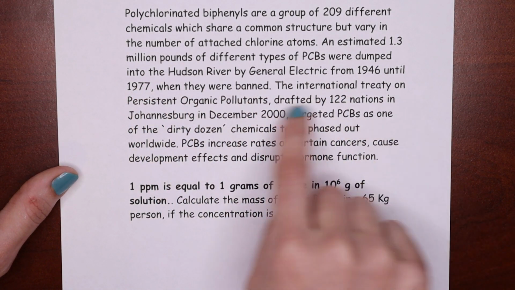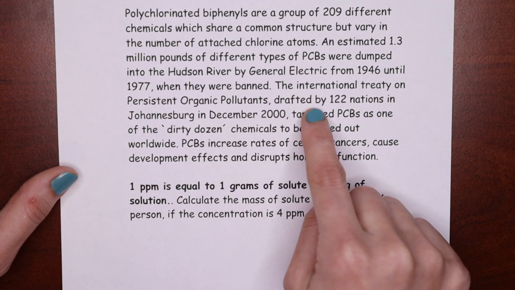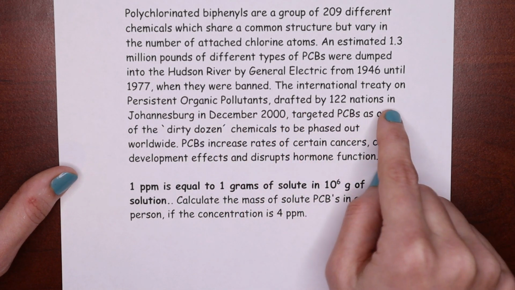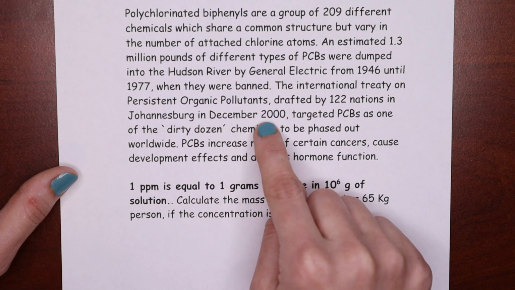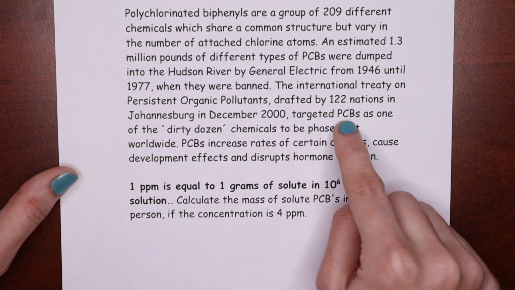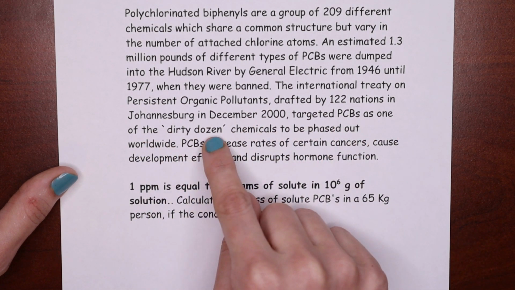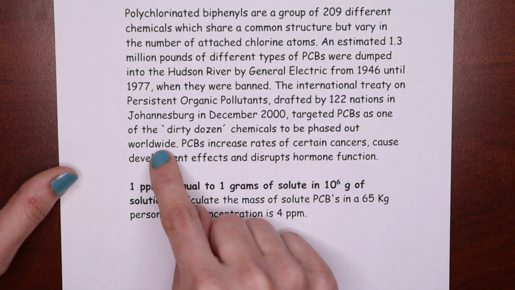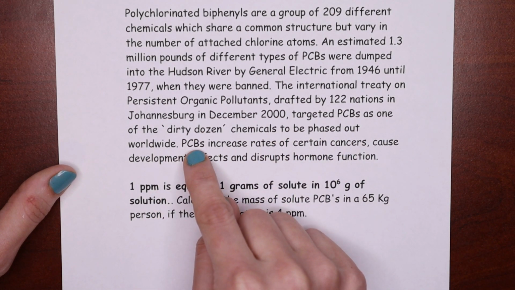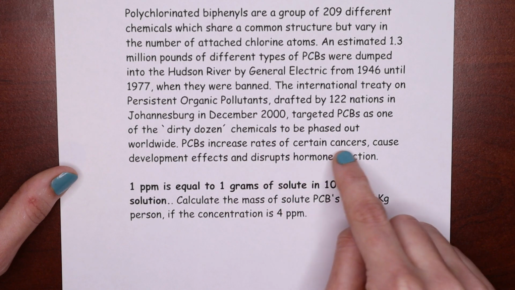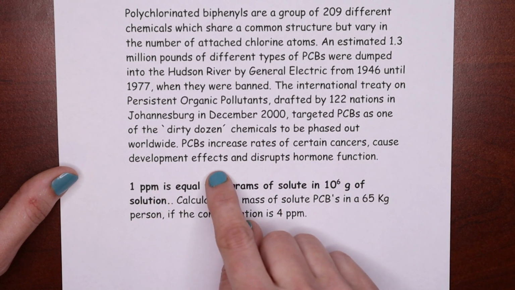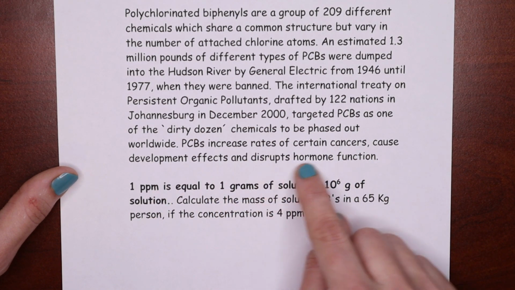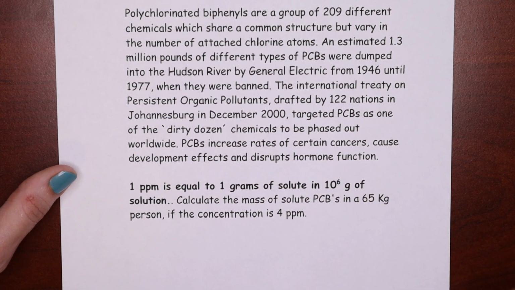The International Treaty on Persistent Organic Pollutants, drafted by 122 nations in Johannesburg in December 2000, targeted polychlorinated biphenyls as one of the dirty dozen chemicals to be phased out worldwide. Polychlorinated biphenyls increase rates of certain cancers, cause development effects, and disrupt hormone function.